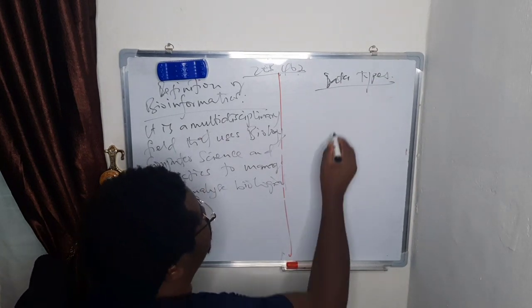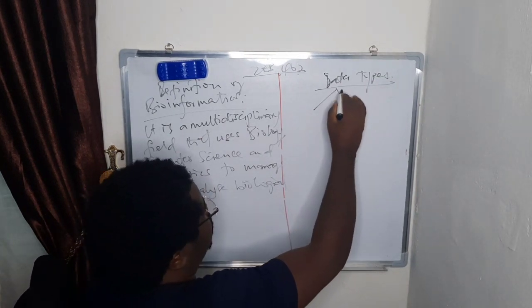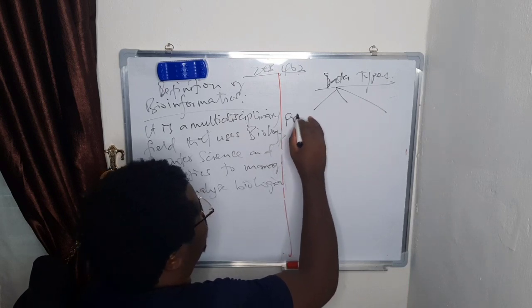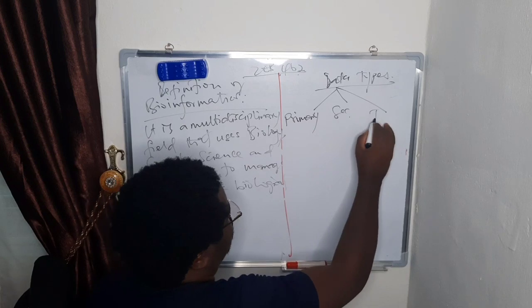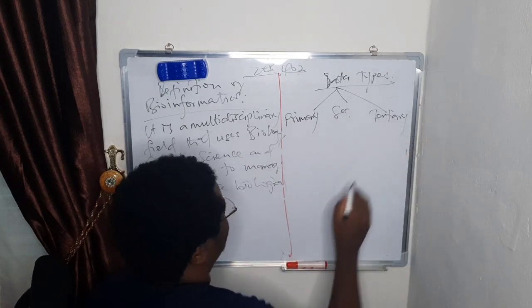Data types: you have primary, you have secondary, you have tertiary.